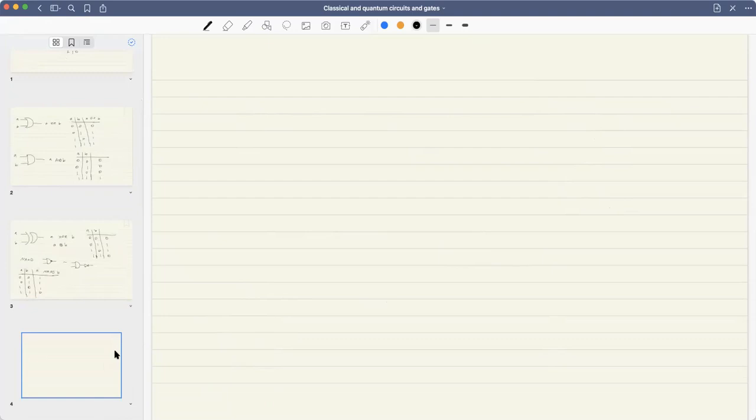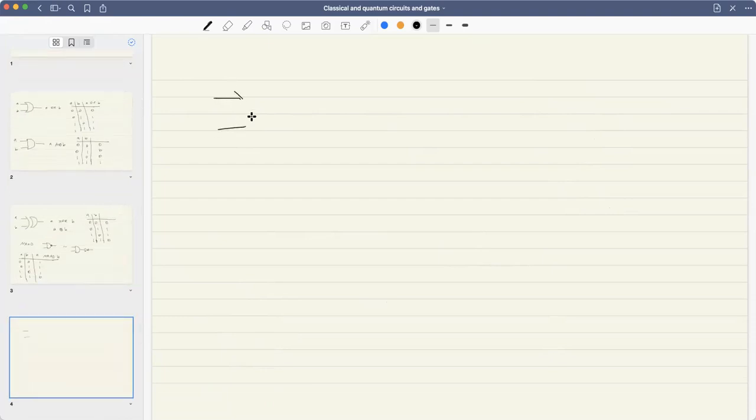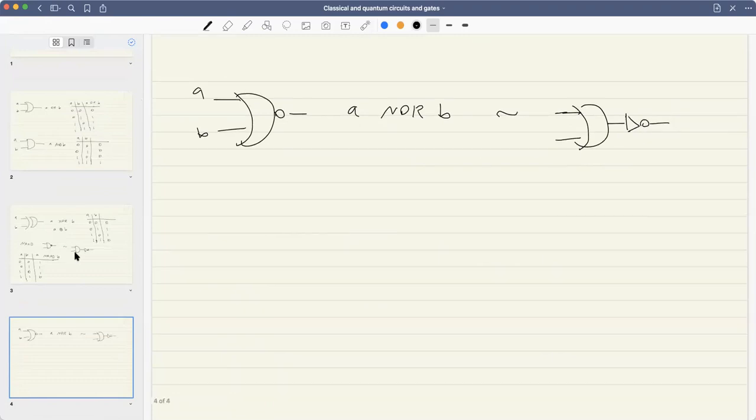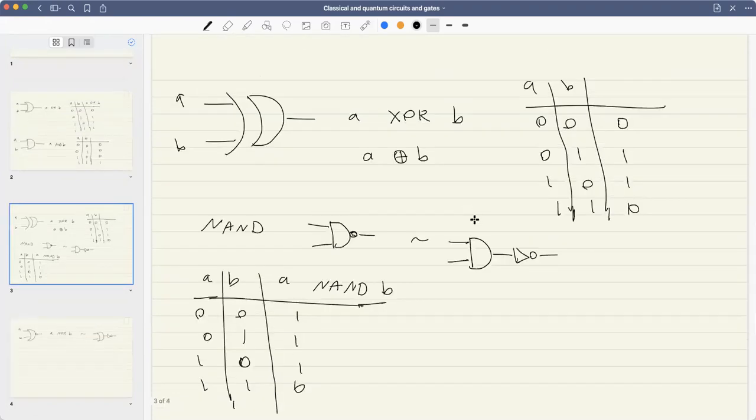Finally, there's another one called NOR, which is again an OR and a NOT. That's the notation. So again, A, B. And this is the same as an OR followed by a NOT. Let me also write the notation here.